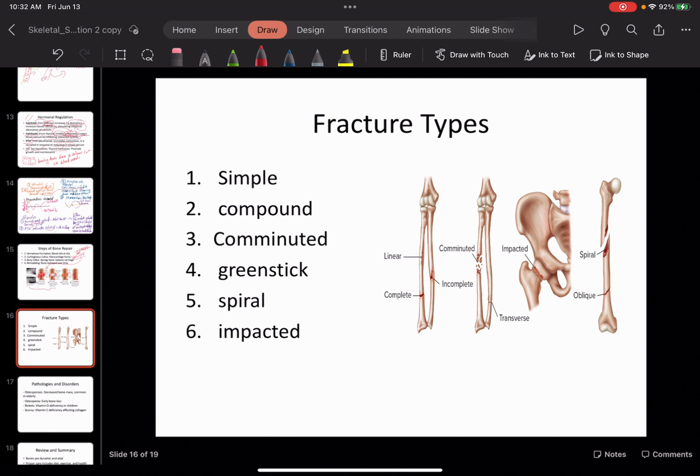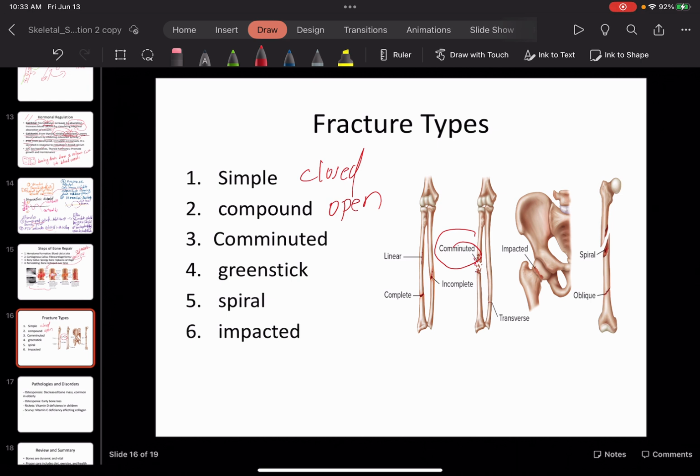Then compound is an open break: the bone breaks and penetrates the skin. This one is comminuted. The bone actually shatters into multiple pieces.